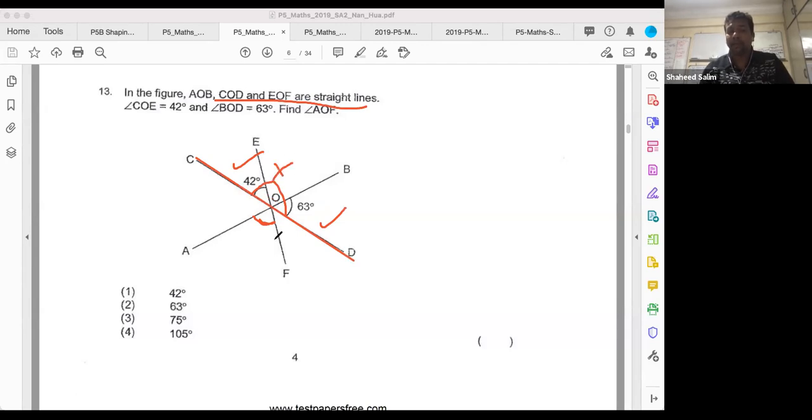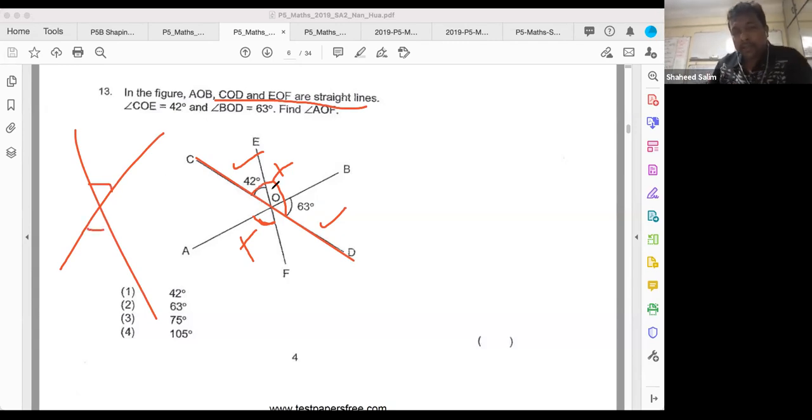And this angle is vertically opposite, equal to this angle. If you have two straight lines like that, these two angles are the same. So you find what this angle down here is. 180 minus 42 minus 63, what do you get? You get 75. Opposite angles are the same.